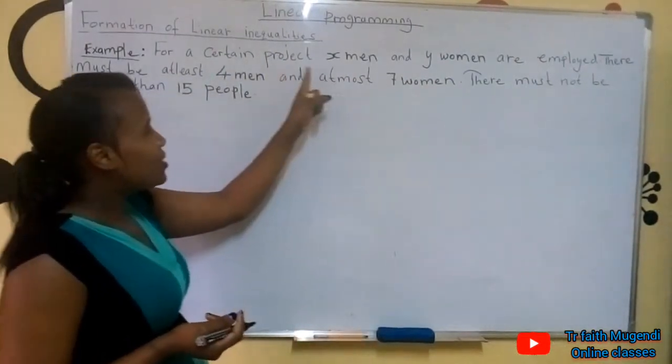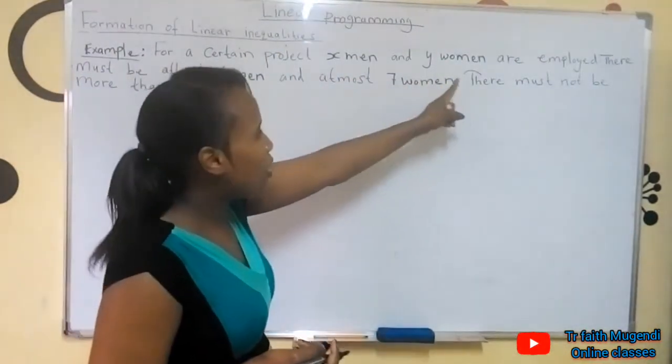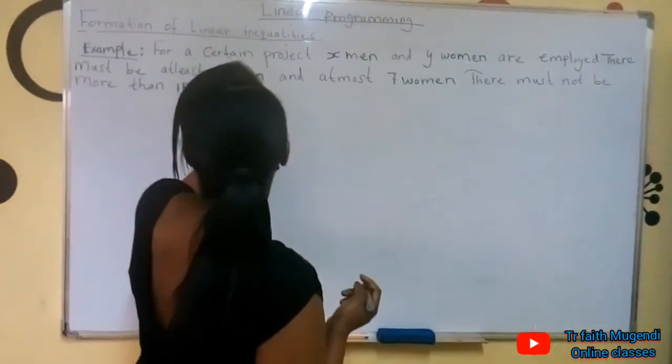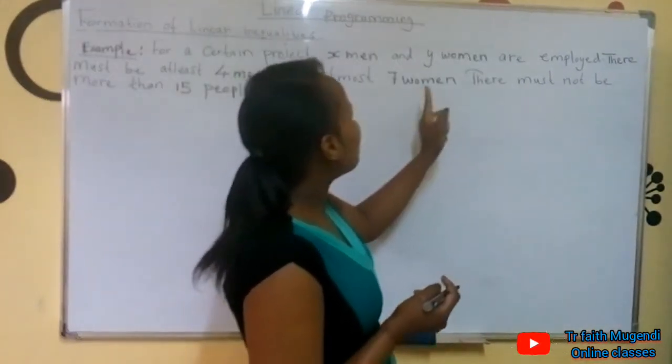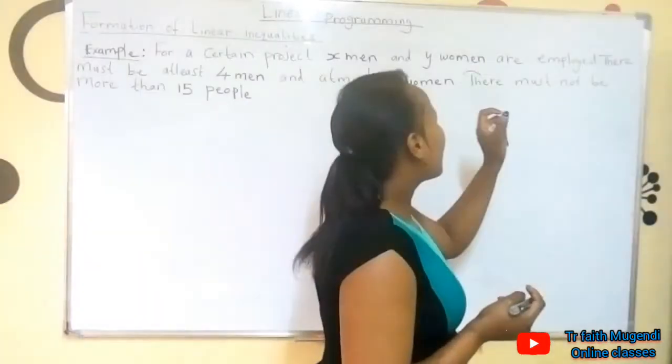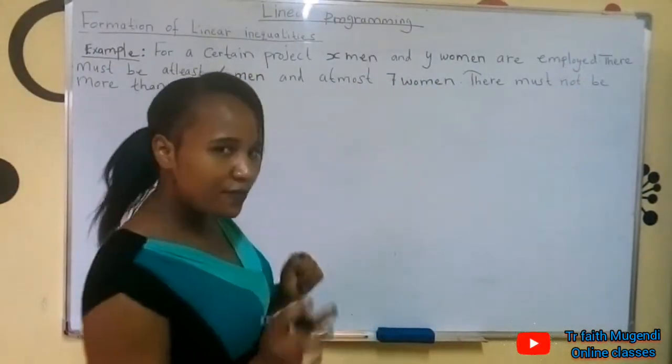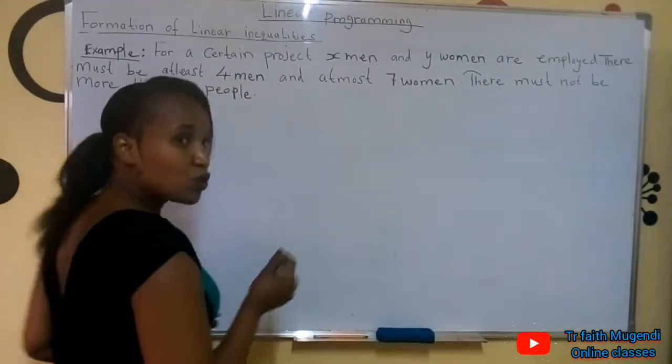We are told that in a certain project, X men and Y women are employed. There must be at least 4 men and at most 7 women. There must not be more than 15 people. How are we going to solve this?